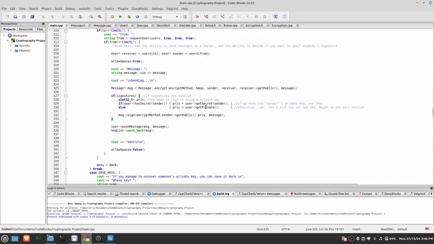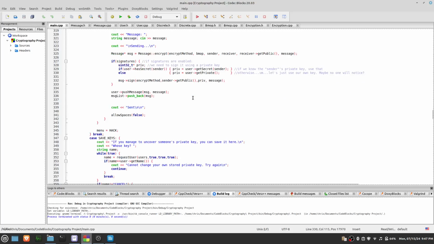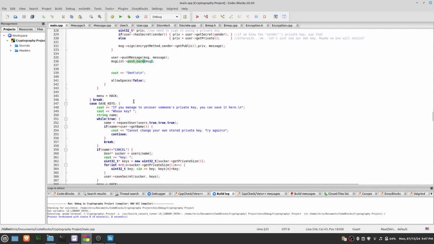If so, then use that to sign it. Otherwise, we'll just use our own private key, and let's just hope no one will notice. And then we save a local copy and push it to the network.